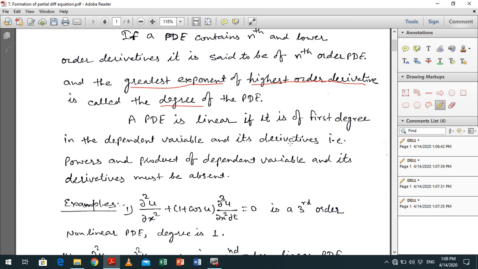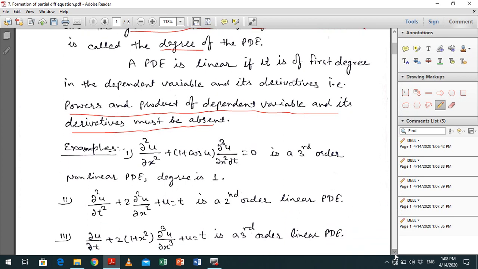Then this equation will be linear if it contains only terms of z in first degree and only terms of its derivatives in first degree, and their product must not be present. So power and product of the dependent variable and its derivatives must be absent, then a partial differential equation becomes linear.